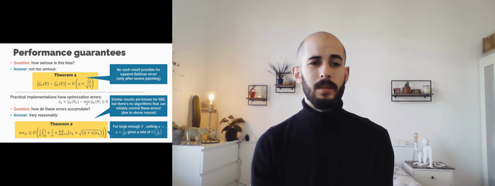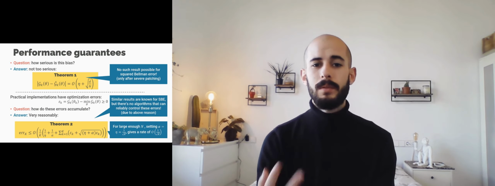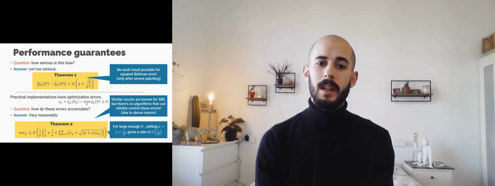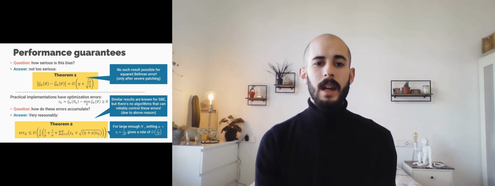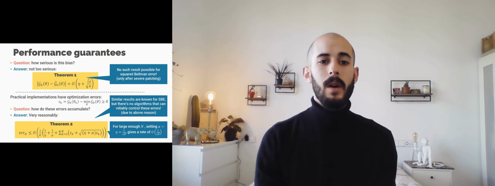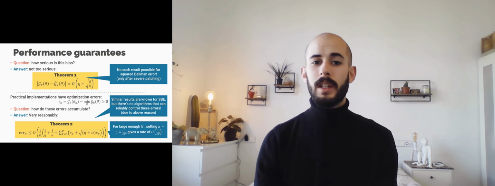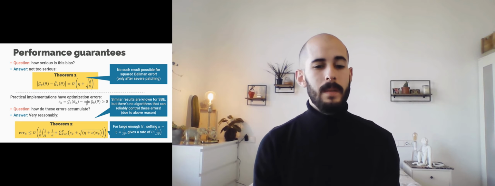And the answer is that it's not too serious, as we can see in theorem 1, where the bias is of the order of the sum of two terms, where the second term is negligible when n is large enough, and n is the number of samples. And the first term is the parameter of the loss function, eta. So the takeaway conclusion is that we can control the bias using eta. And this is a result that is impossible for the square Bellman error.